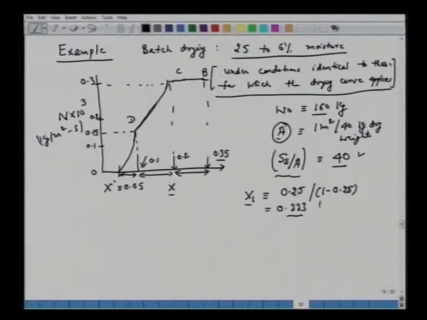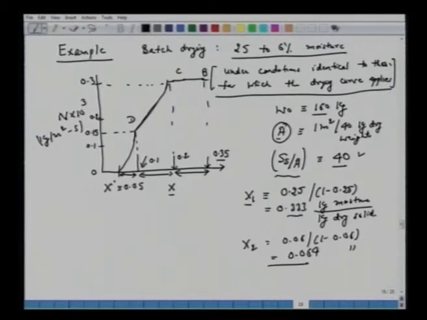So 0.333 kg of moisture per kg of dry solid. What is X2? 6% moisture, so 0.06 over 1 minus 0.06, which is 0.064, same unit as before.